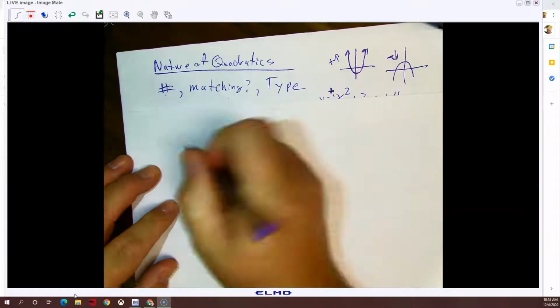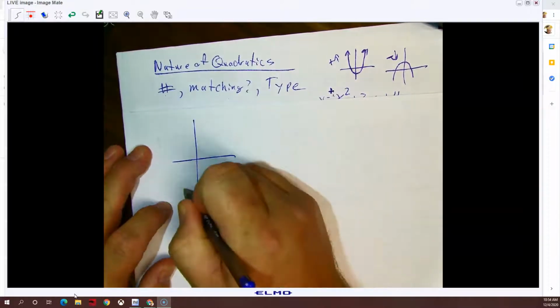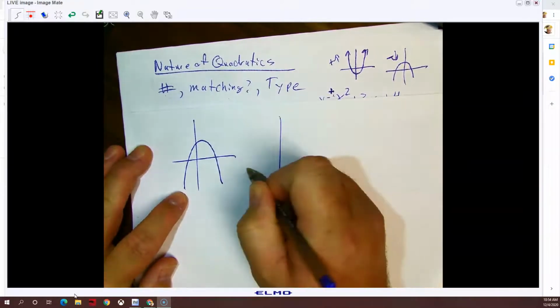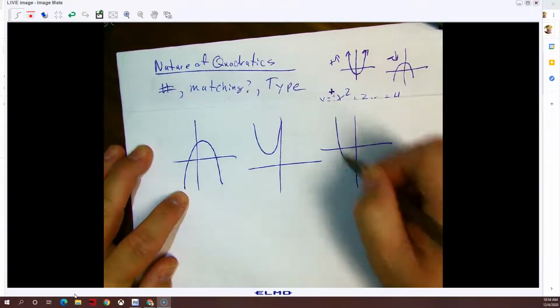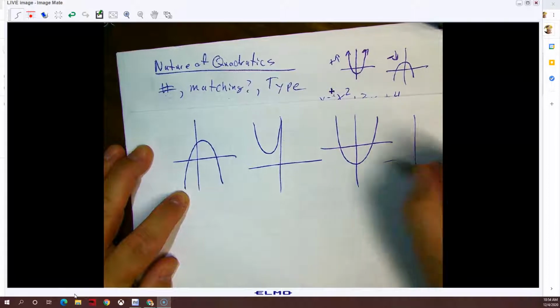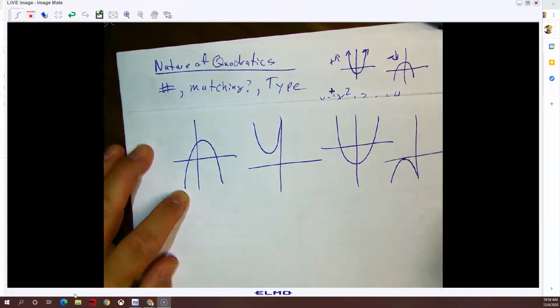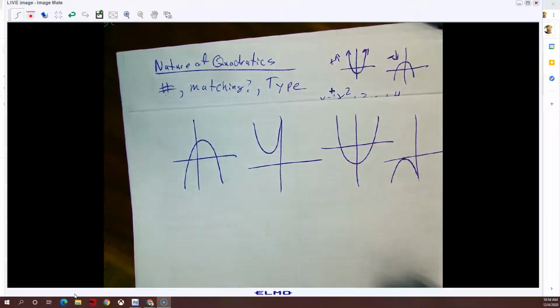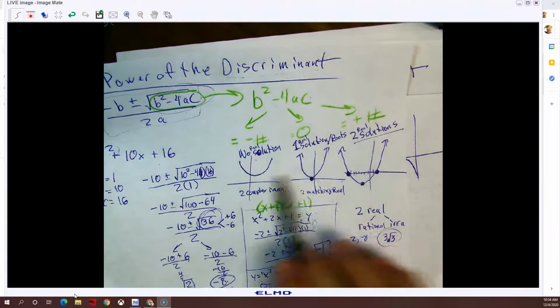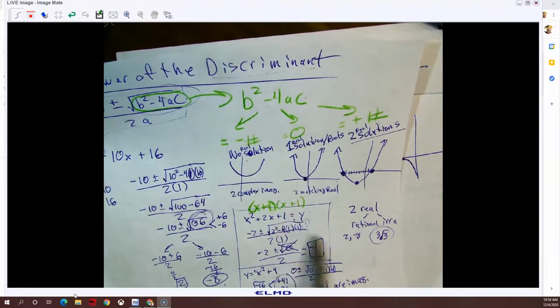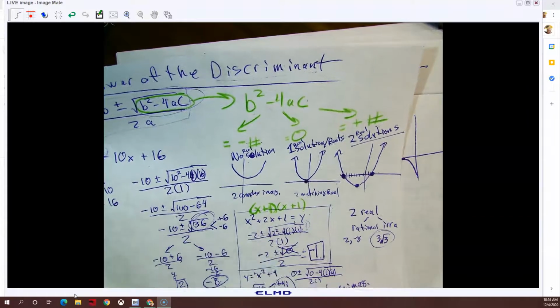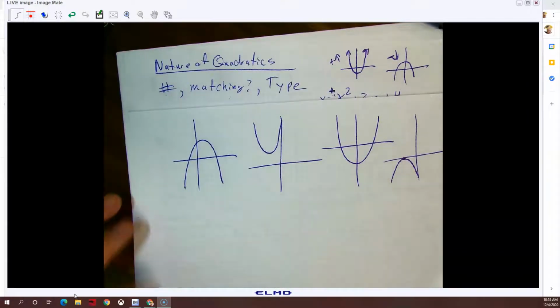Let's go ahead and quickly move to this. In this case right here, if all I do is give you graphs, you can tell me what types of solutions each of these has and tell me about this graph. Now, you'll also notice that we had this discussion in our last video where we had a real solution that was just simply two of the same. So keep that in mind as we go through here.